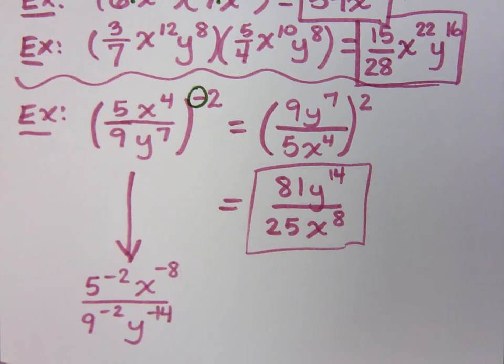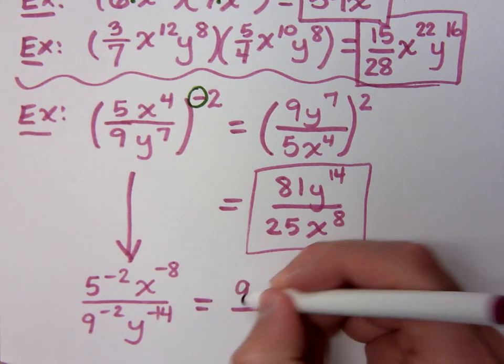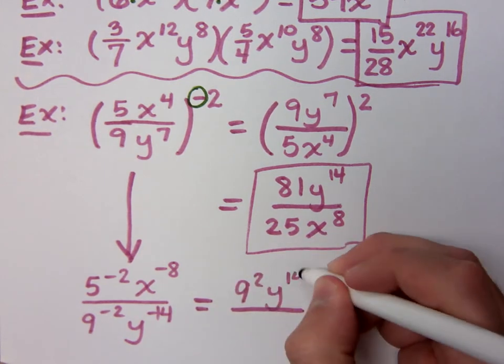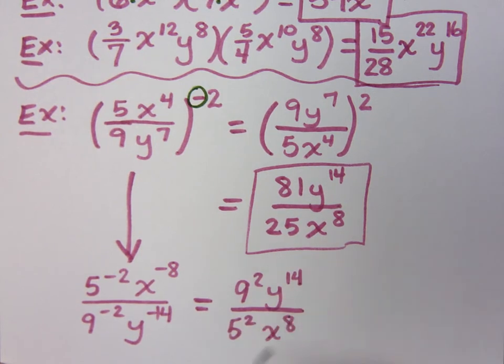We know what to do with those negative exponents. We move them to the other side. So it becomes 9 squared y to the 14th over 5 to the positive 2nd and x to the positive 8th. It doesn't really matter how you do this because it's all stuck together. It's all to do with multiplication, so you still get the same answer.